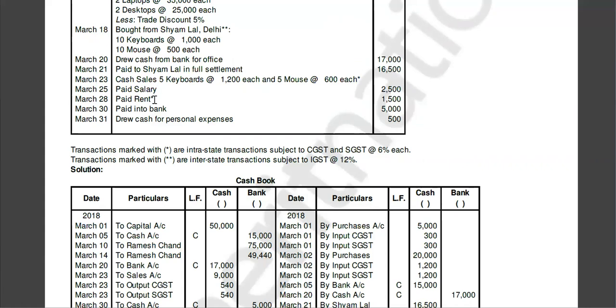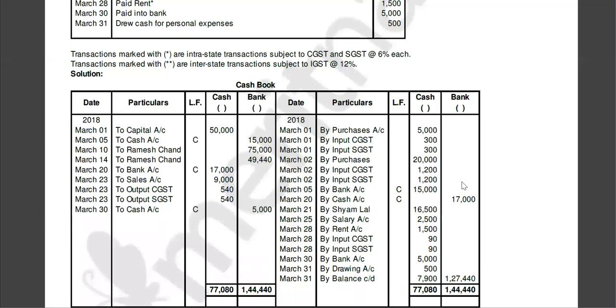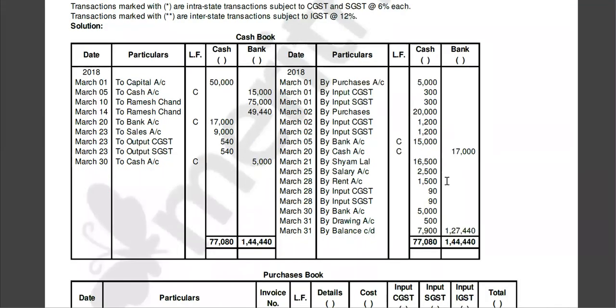But if you are going to pay rent, you have to pay CGST. Paid rent, no place is mentioned here, so you directly go to CGST as GST. So rent 1,500 into 6%, 90.